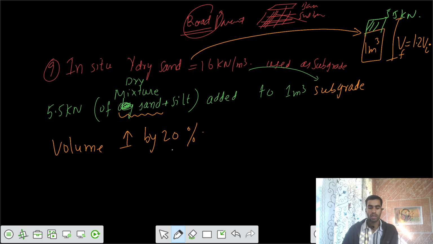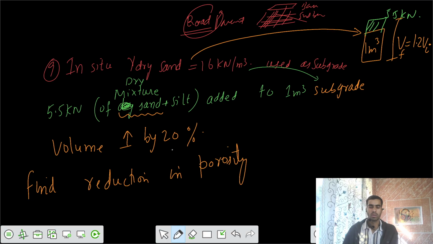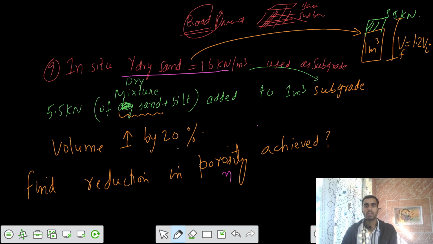Now we need to find the reduction in porosity achieved. Porosity is n. So we need to calculate the reduction in porosity because of this effect. Initially we have dry sand of some dry density, and we have used 1 meter cube of that subgrade.